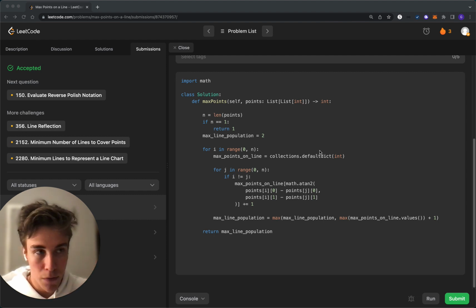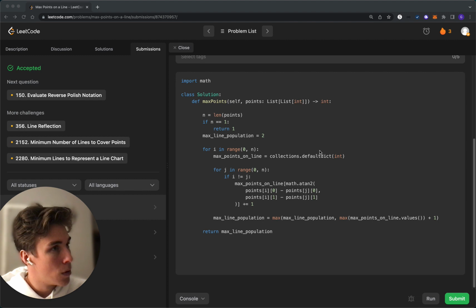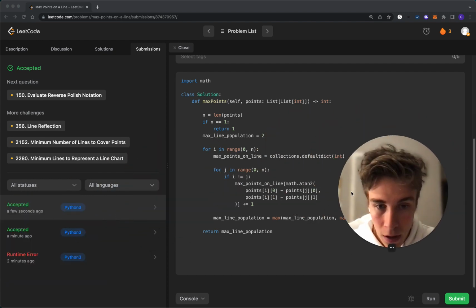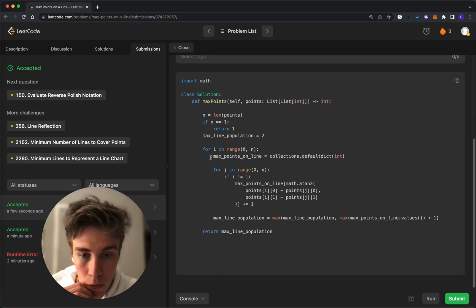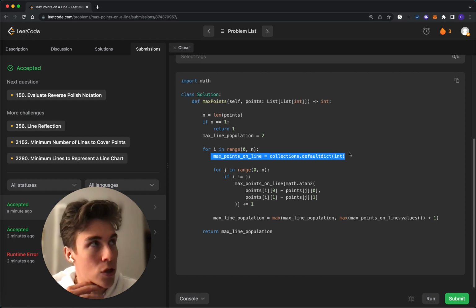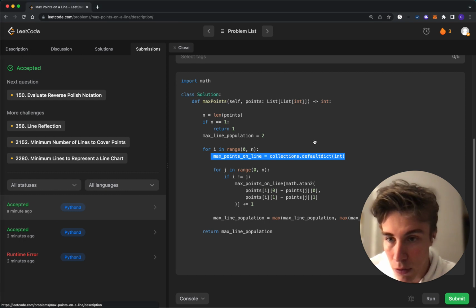I just thought of a way of improving this potentially. A way to improve this, I think, would be to remove this from here and to actually just count the total number of... let's do that really quickly.